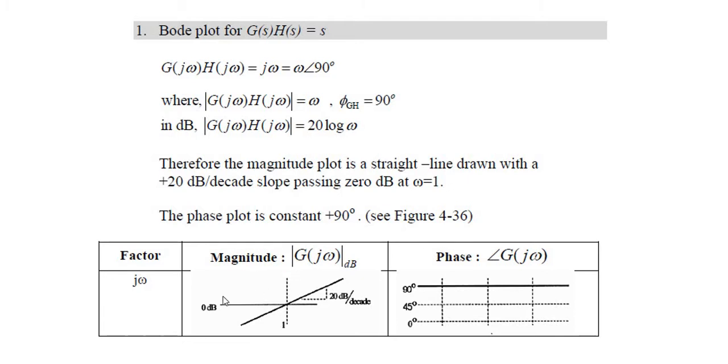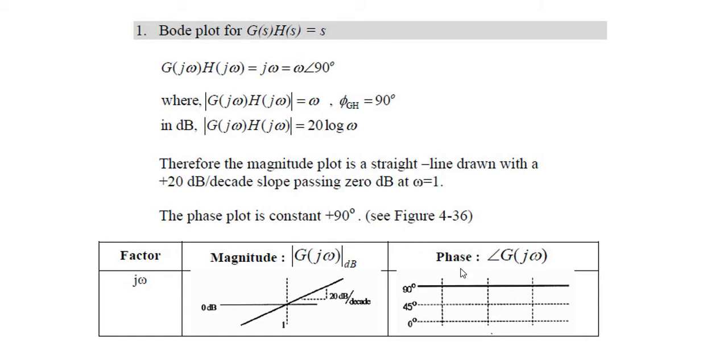For the magnitude, there will be a line starting at 0 dB. The intersection is at 0 dB at omega equal to 1 here, and the graph will have a slope of 20 dB. I will teach later how to get this 20 dB.